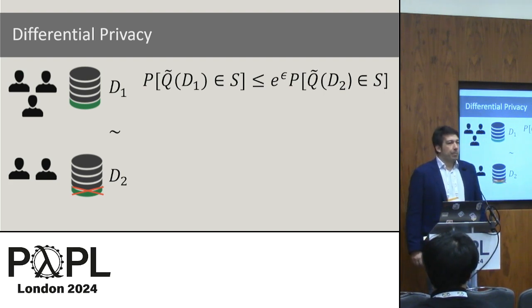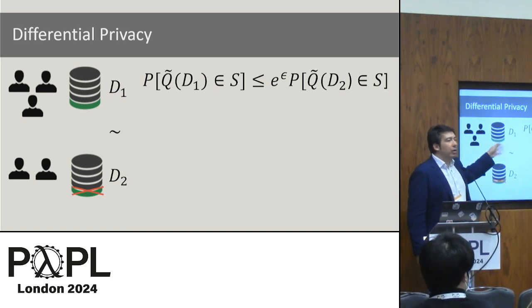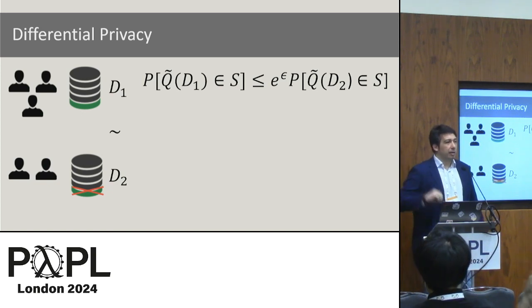So it's telling you that running the query on one data set and on another one where you have removed one individual is almost the same in this notion, which means that it's hard to see whether the result comes from D1 or from D2. In that way, you protect the presence or the absence of an individual. And this is true for all individuals that you choose to remove from the data set.